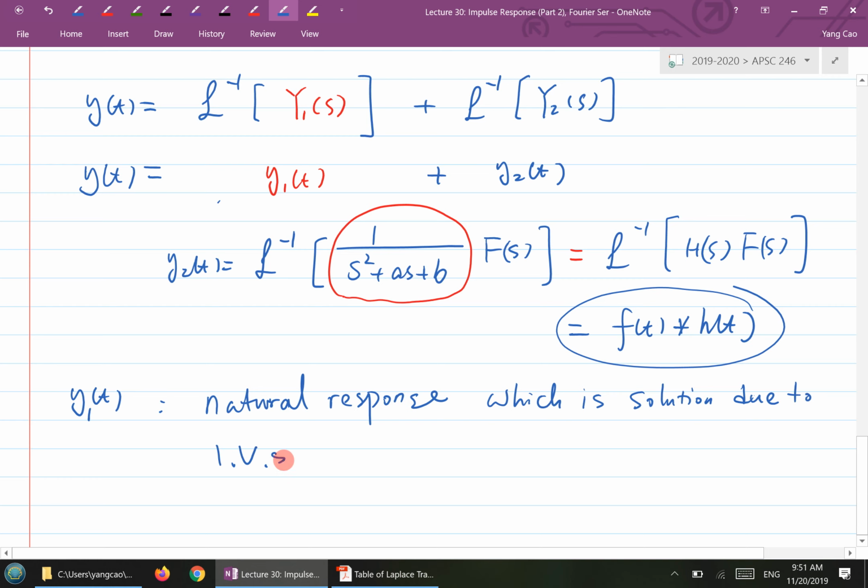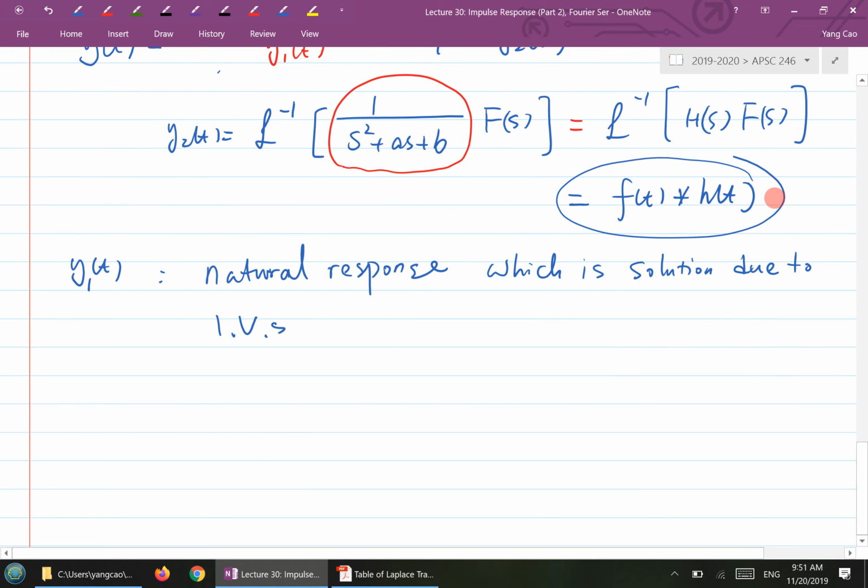So it's called a natural response. The wording is very simple. It doesn't matter whether you have input or not to the system. If you have an initial condition initially, then the system will have this natural response due to the initial condition. And the y2 of t, we call it the forced response.